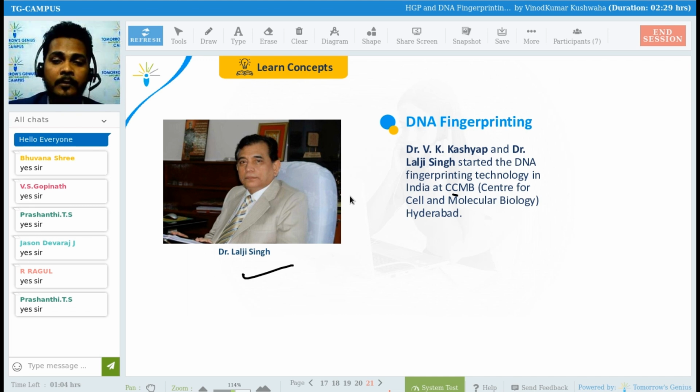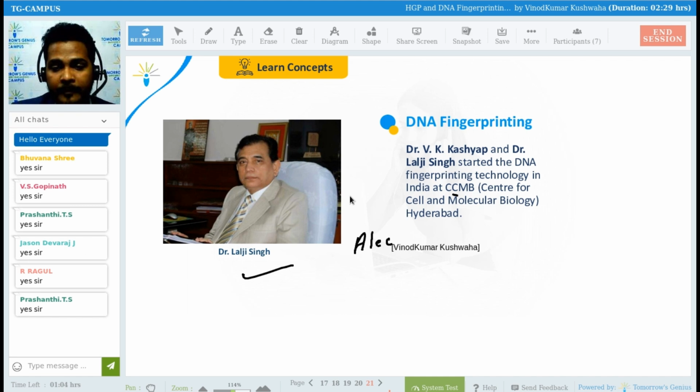Lalji Singh is also referred to as the Indian father of DNA fingerprinting. So Alec Jeffrey is the father of DNA fingerprinting and Lalji Singh is the father of Indian fingerprinting. Don't get confused.